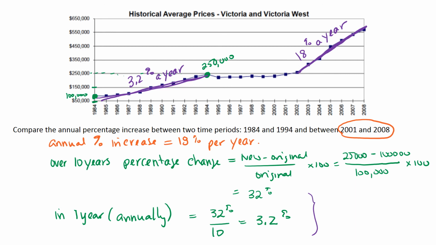We compare by subtraction. So the difference in the annual percentage increase is 18 minus 3.2, which is 14.8%. It's increasing far more quickly now, or between 2001 and 2008, compared to 1984 and 1994.